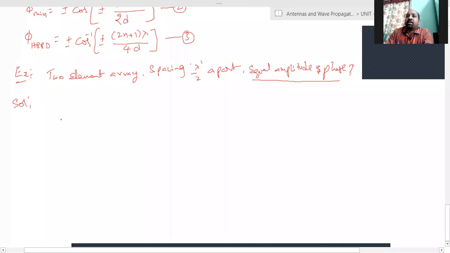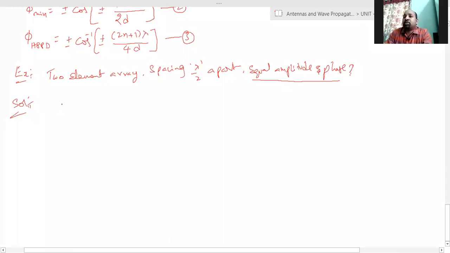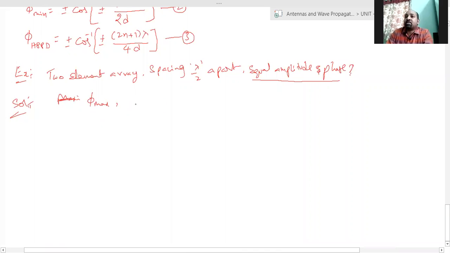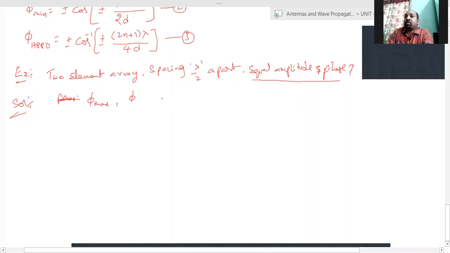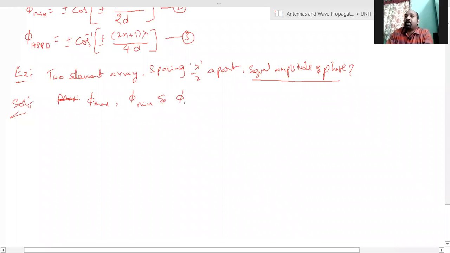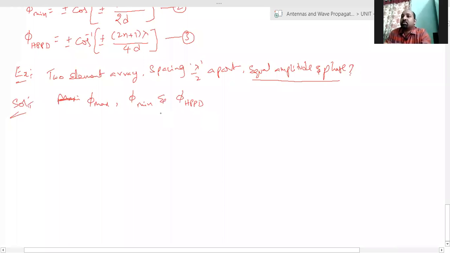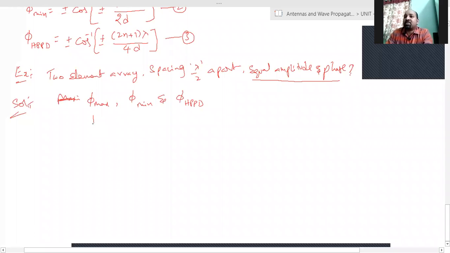Therefore, to determine or to draw the radiation pattern, we require maximum directions, phi max, phi minima, and half power point directions. These three we require. What is the given data? Spaced lambda by 2 apart. That means small d is equal to lambda by 2.